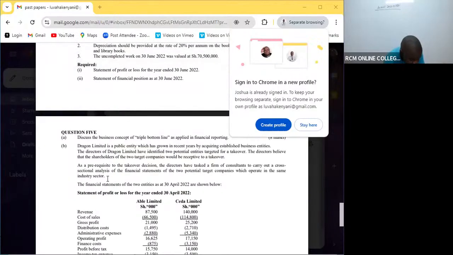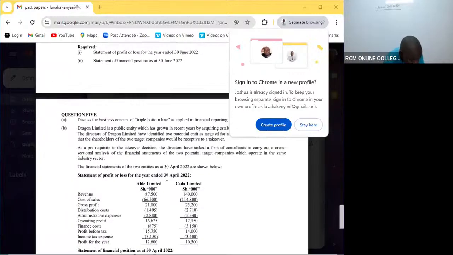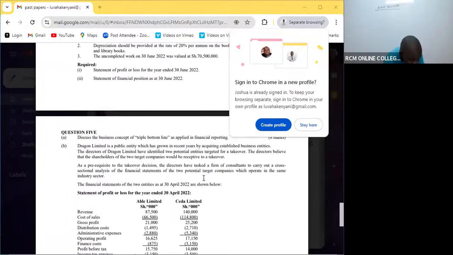The directors believe that the shareholders of the 2 target companies would be receptive to the takeover. As a prerequisite to the takeover decision, the directors have tasked a firm of consultants to carry out a cross-sectional analysis of the financial statements of the 2 potential target companies which operate in the same industry and sector. The financial statements of the 2 entities are as follows.